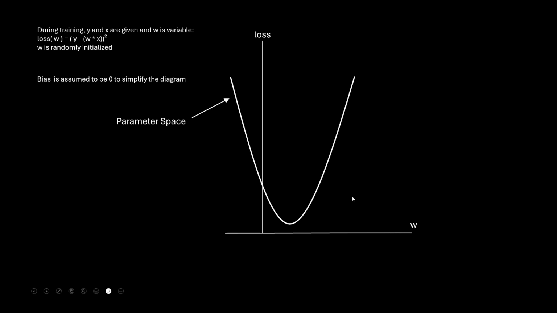But to simplify this visualization and this diagram, let's assume the bias is zero. But everything that we'll discuss here will be applicable to two-dimensional space and more. 3, 4, 5, 6, a million, a billion dimensional space. This discussion will still apply. So I just simplified this diagram so that we can grasp this concept much more easily.